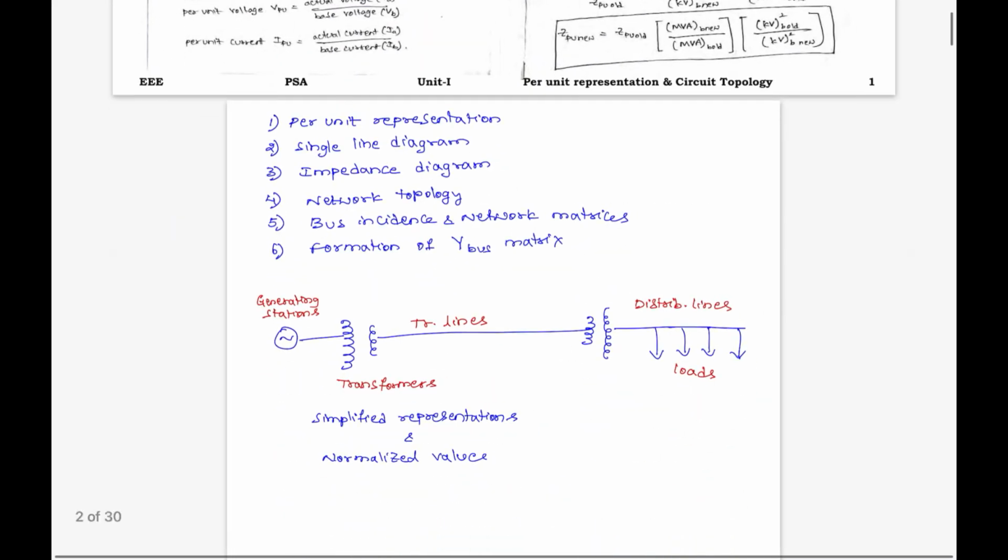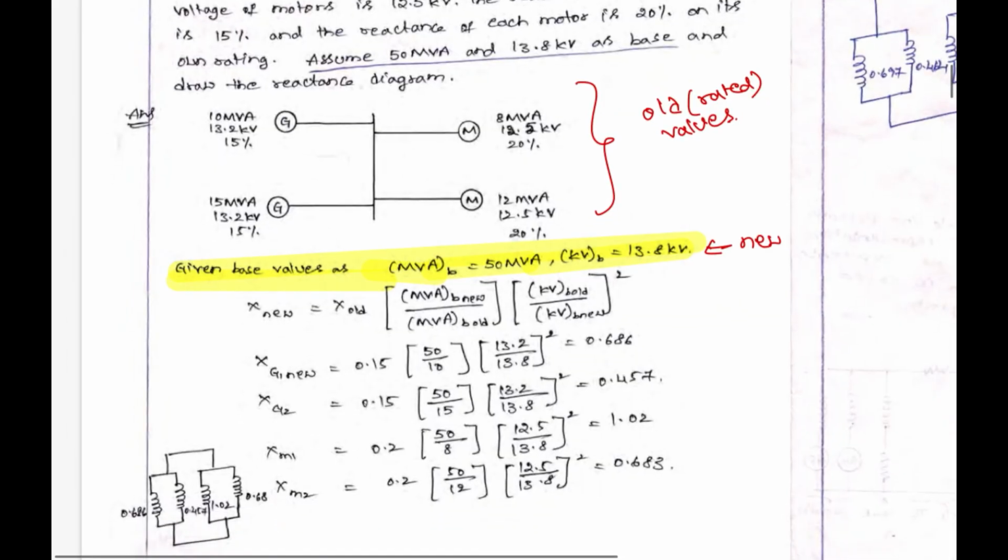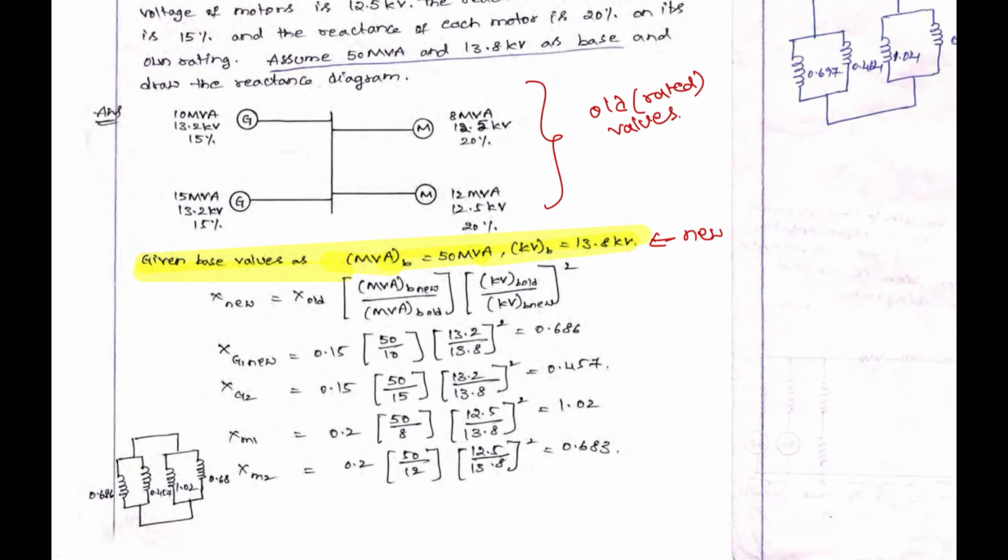So we are going to use this formula to calculate the generator and motor equivalent per unit reactances. For xg1 new, the old value is 15%, that is 0.15.